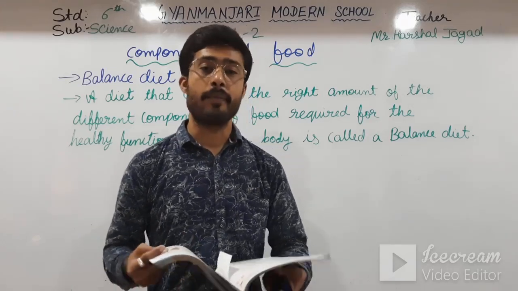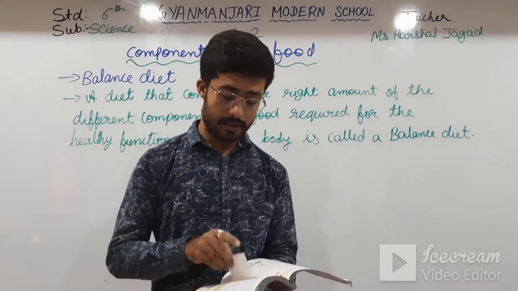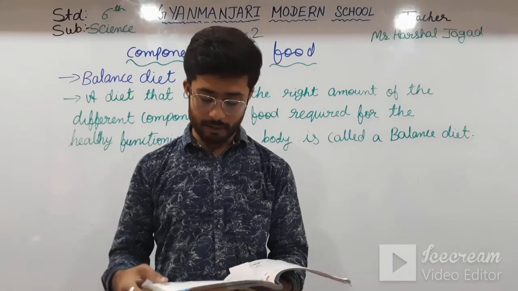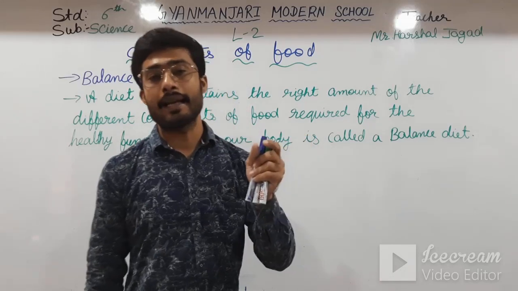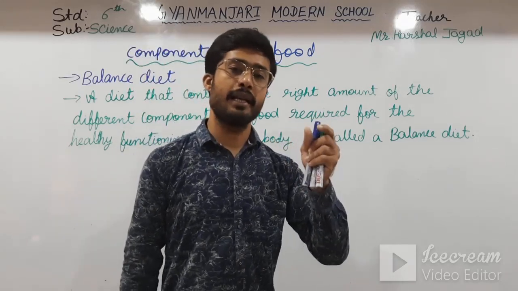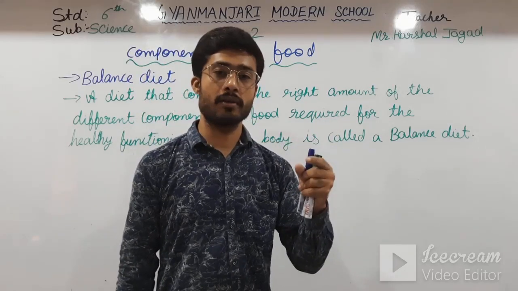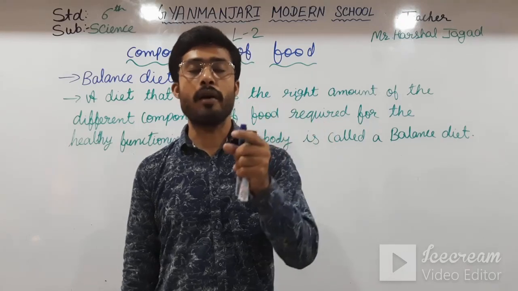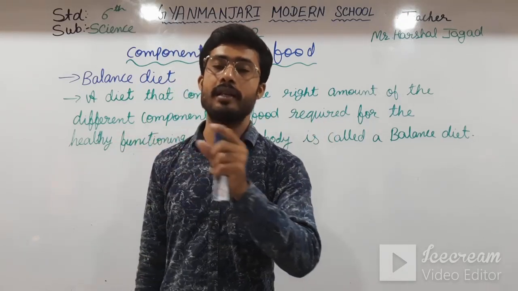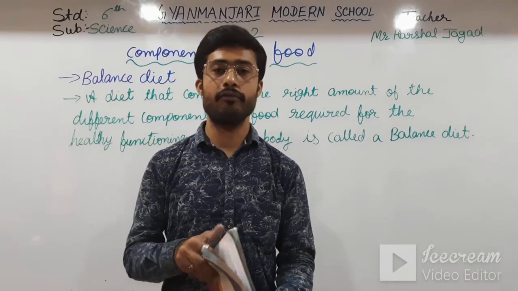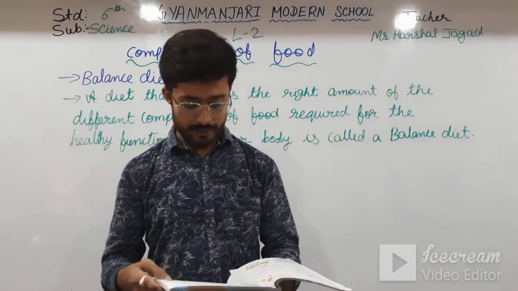Then we have seen the deficiency of vitamins. If I take an example as vitamin A, which are the rich sources of vitamin A, what are its functions, and what disease is caused if we don't take this vitamin.